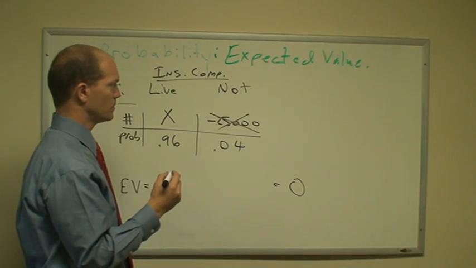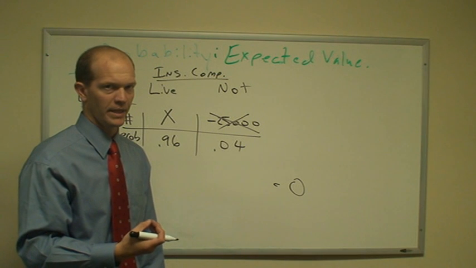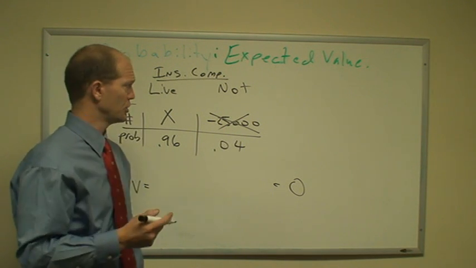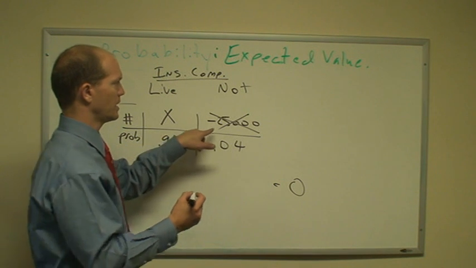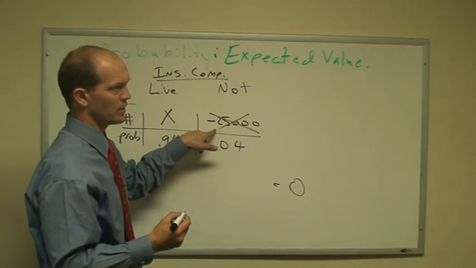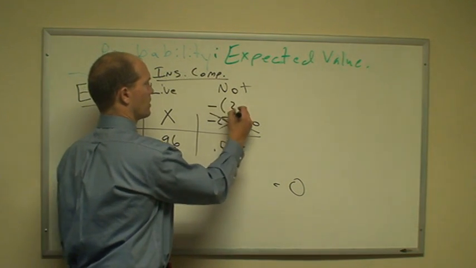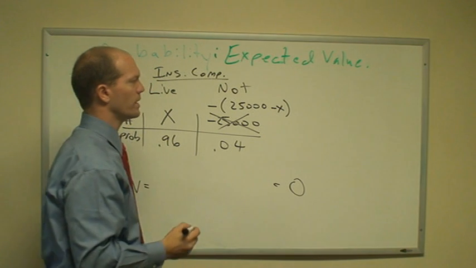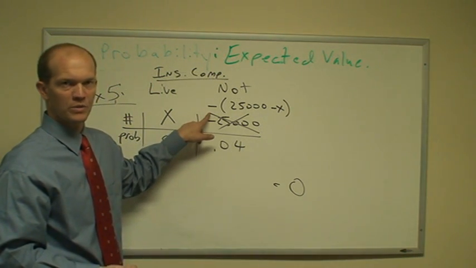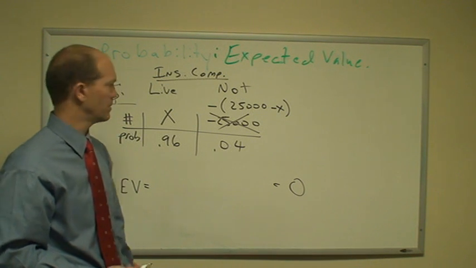Since they keep the premium, let's say the premium was $200, this would be like a negative $24,800. So I need to subtract off that premium from the $25,000. And this is one of the right ways to do it. You may want to play around with some numbers here and verify that this is the case. But this is what this would look like to the insurance company.